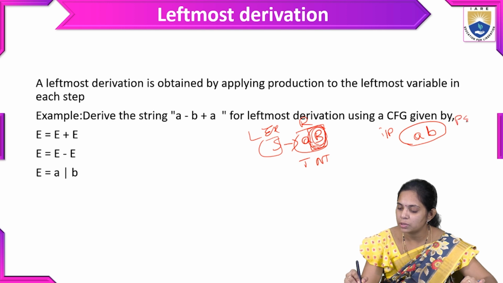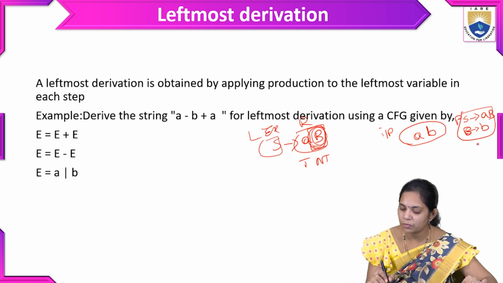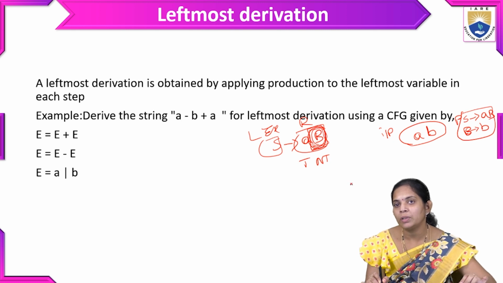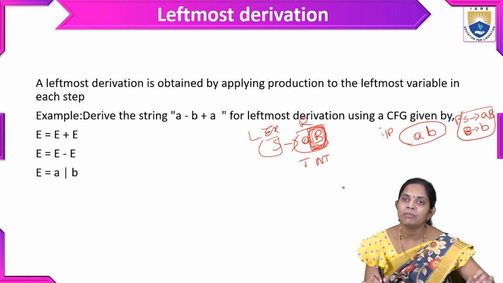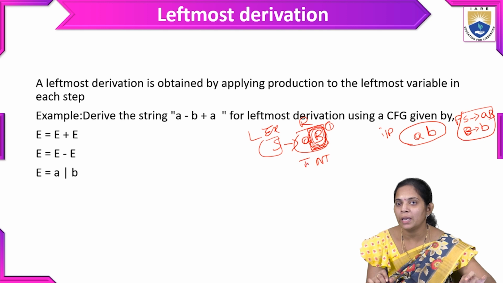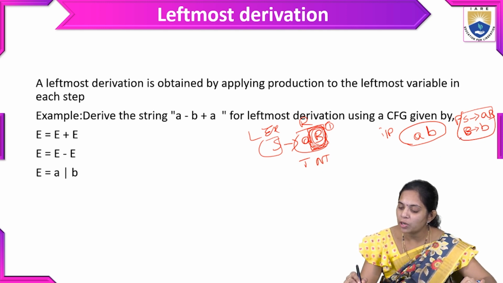The production rules are A tends to AB and B tends to B. For these production rules, we are using the derivation. In this first step, we have to decide which non-terminal we have to substitute. We have decided B has to be replaced. And which production rule?